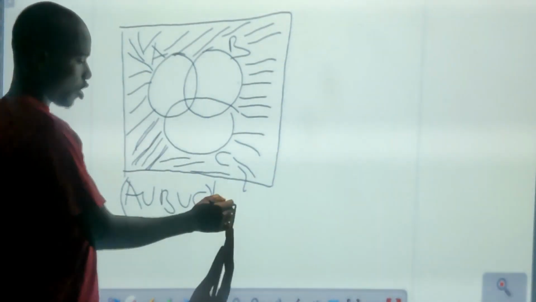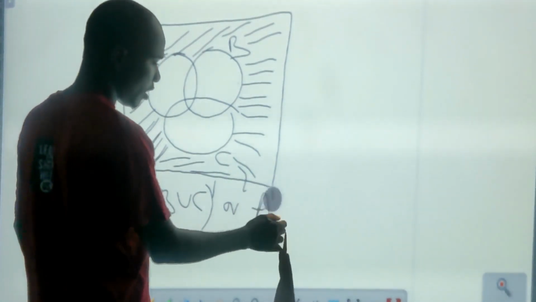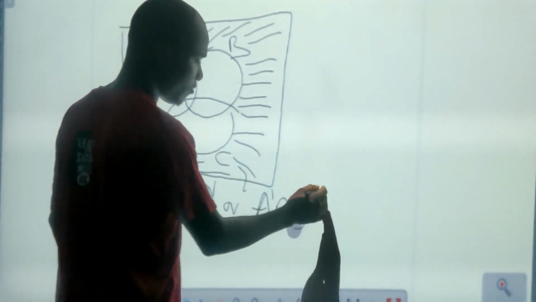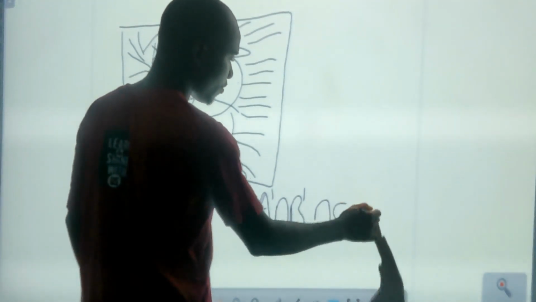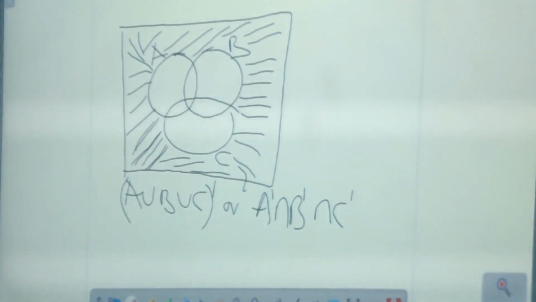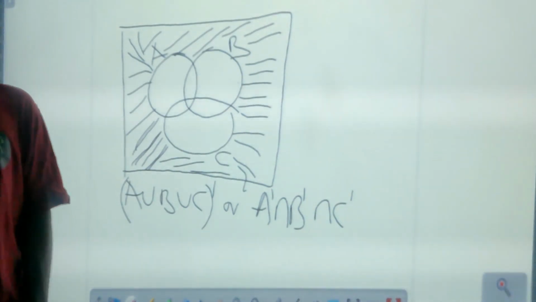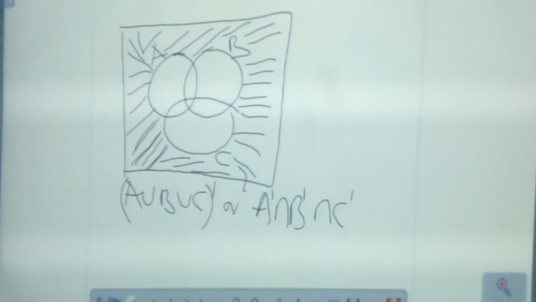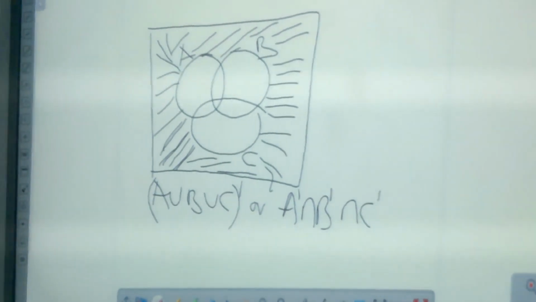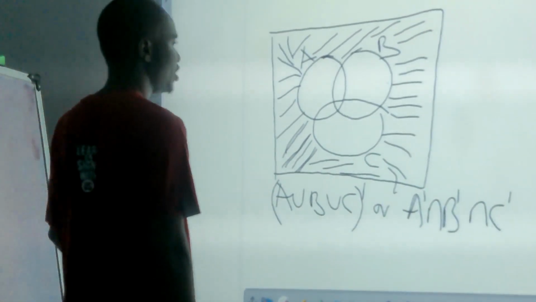Or you say complement of A intersection complement of B intersection complement of C. That is just the overall point of this knowledge. I hope you understand it.